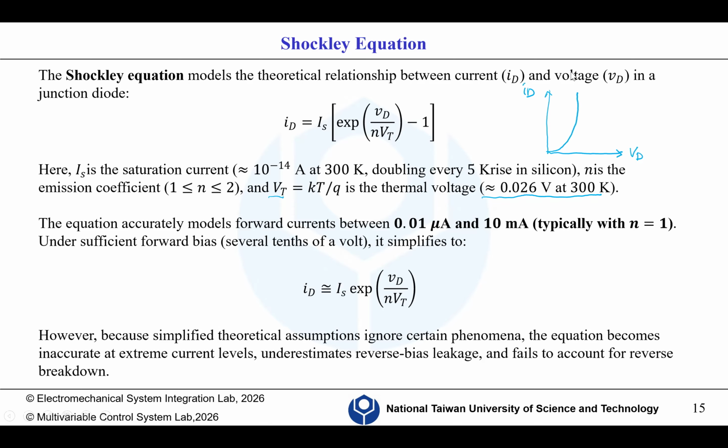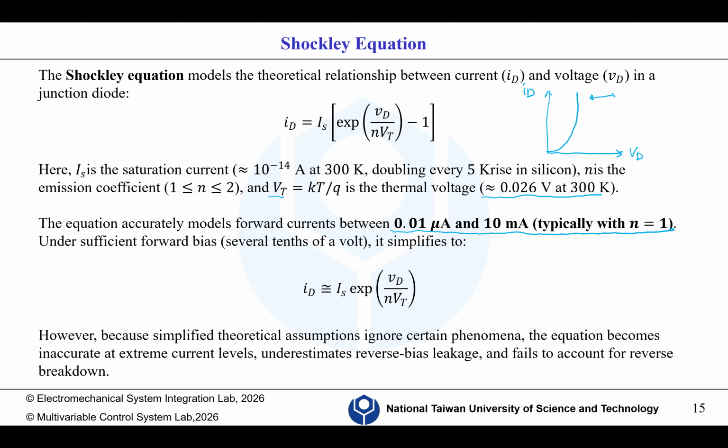So this equation accurately models forward currents between 0.01 milliampere and 10 milliampere, typically with n equal to 1. Within this range, this model can approximate this curve accurately.